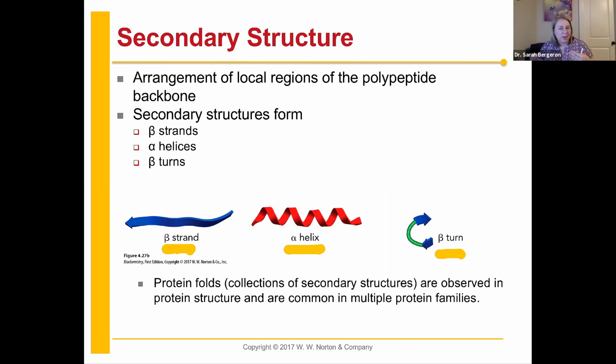There's a 4th secondary structure that we call loops. Let's see if I can change the size of this. They're called loops, and they're not organized. And so we don't really call them a secondary structure, but a lot of times you'll hear people talk about a beta strand, an alpha helix, a beta turn, and loops. Loops are variable regions of protein.